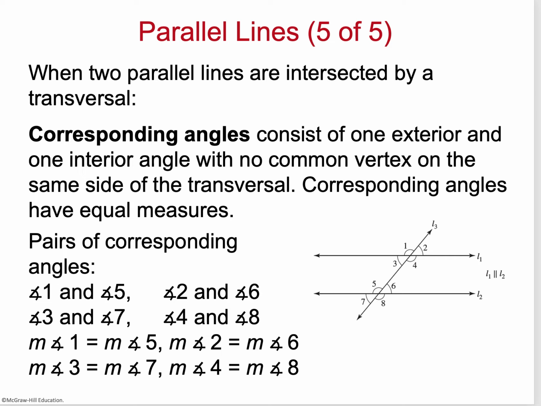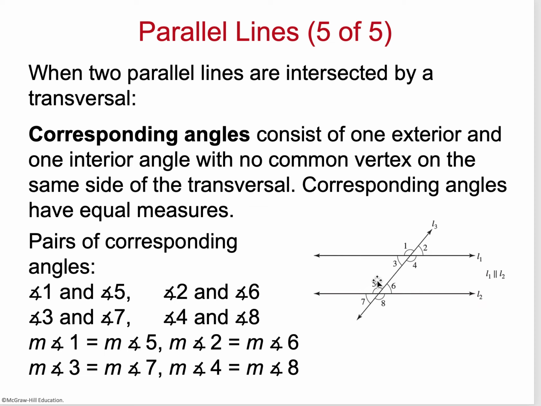Last, we have what we call corresponding angles, and traditionally that is the angle that is the toughest to identify for students. Now, corresponding angles are located in the same place on different pairs of angles. So, if I look at angle 1, it's in the top left of this little circle of angles.